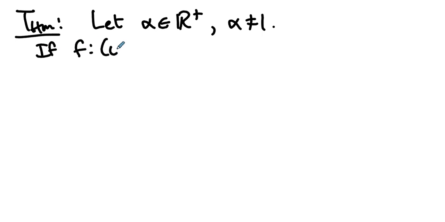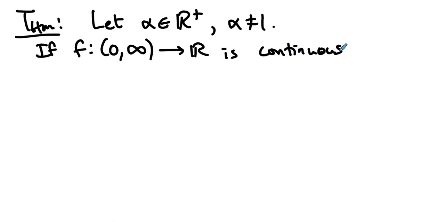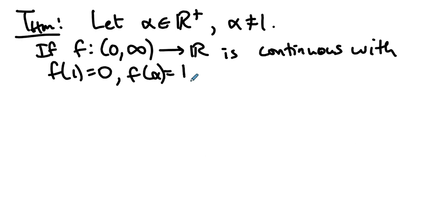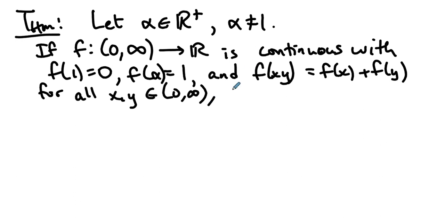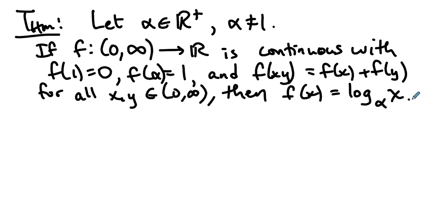If you have a function from 0 to infinity as a domain and real numbers as a codomain, and if that function is continuous with f of 1 equal to 0, f of alpha equal to 1, and f of x times y equals f of x plus f of y for all x and y in the domain, then, and here's the kicker, the function has to be a log function base alpha. It has to be. And here's our proof.